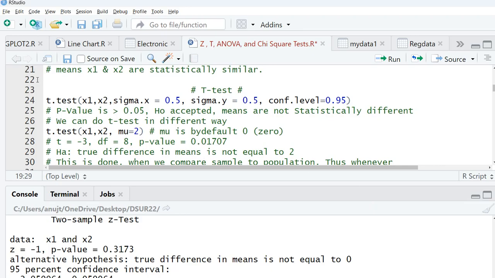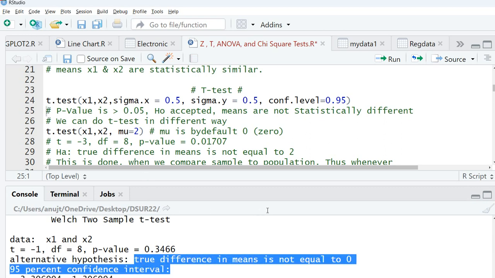So for the t-test, again we have to write t.test. I'm using the same vectors x1 and x2, sigma.x 0.5, sigma.y for x2 it is 0.5, and the confidence level is 0.95. Okay, so if I run this, now, Welch two-sample t-test.